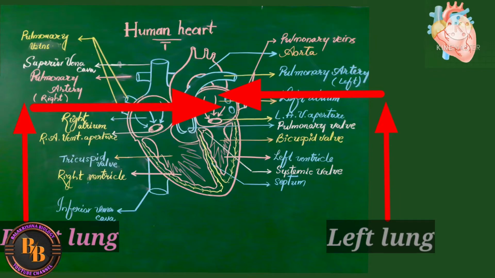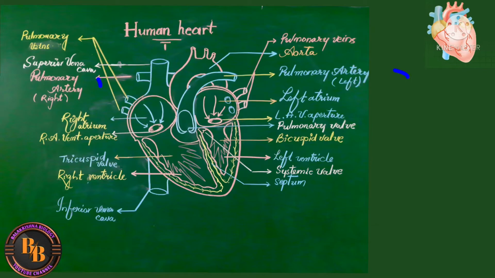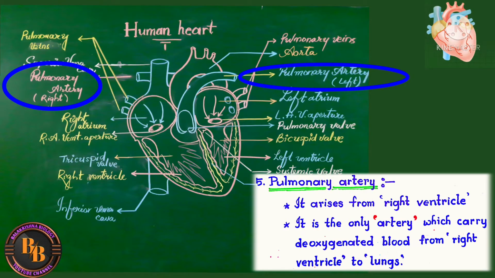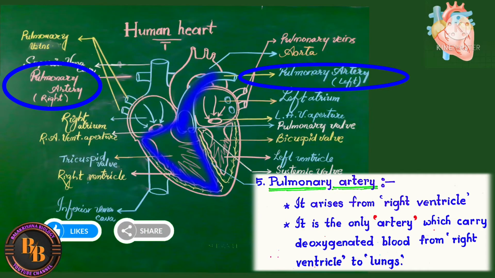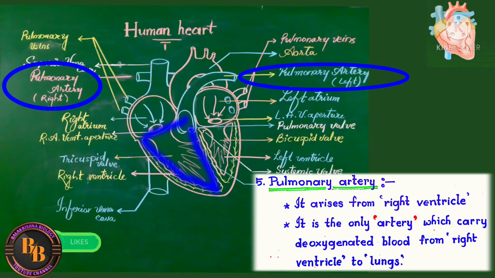You can see that in the picture also. Next, the fifth one, the pulmonary artery. This blood vessel arises from the right ventricle. It is the only artery which carries deoxygenated blood from the right ventricle to the lungs.